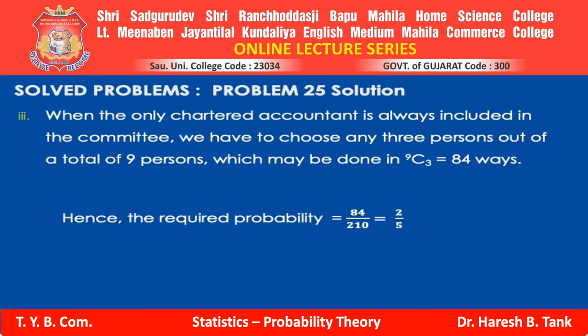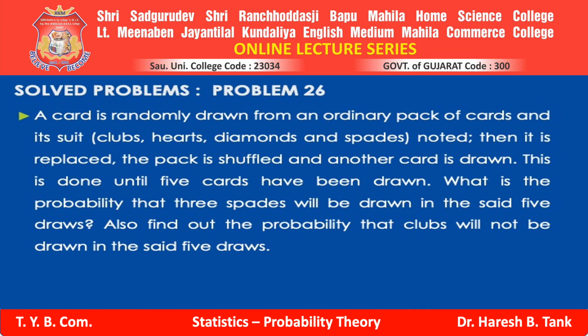Let us have one more. A card is randomly drawn from an ordinary pack of cards, which has clubs, hearts, diamonds and spades. Then it is replaced. The pack is shuffled and another card is drawn.